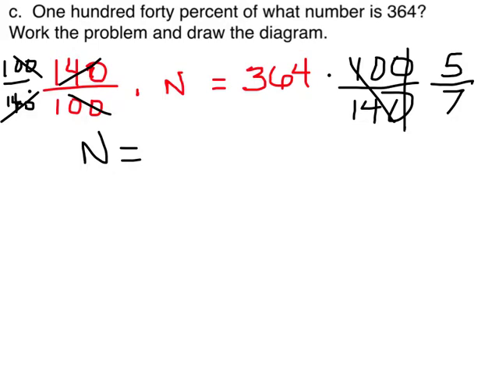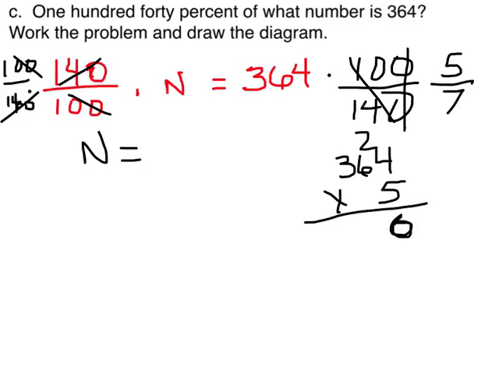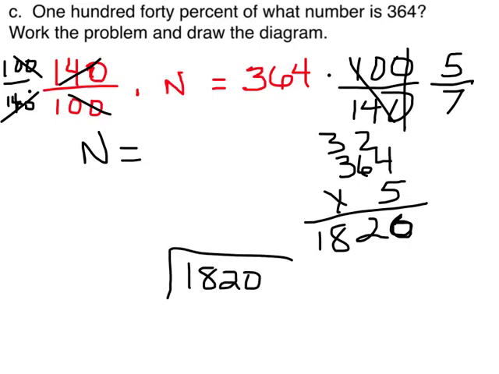So we're going to say 364 times 5 is 1,820, and divided by 7, that would be 2, 14, 42, that would be 6, and 0.